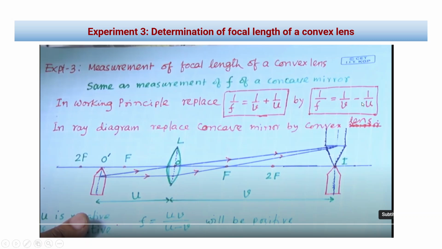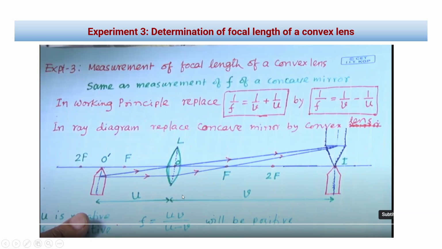Only here the lens formula is what we use. With the concave mirror we were getting the image on the same side. Here for the convex lens, the object will be on one side and we'll be able to see the image on the other side.